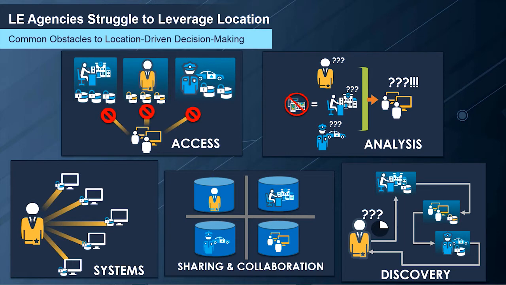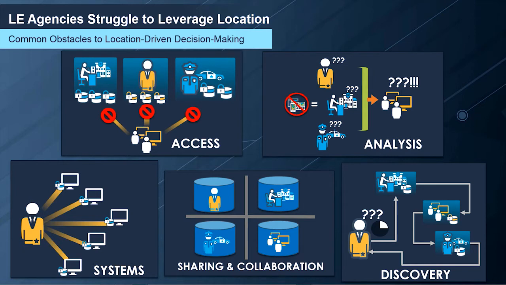Or law enforcement executives who are at a city council meeting and get sandbagged with a particular question, and now the executive is looking foolish because they can't access the data that they need at the meeting to answer the particular question. In those cases, agencies need to be able to empower personnel to access location information anywhere, anytime, on any device, so the information follows where you work.